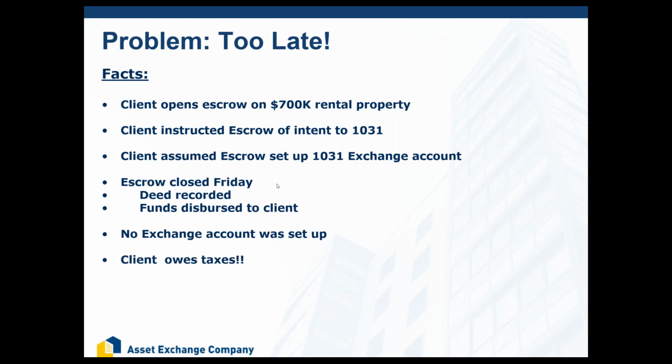Client owes taxes. If you plan on doing a 1031 exchange, you have to get an accommodator lined up prior to the close of escrow. The easiest way to do that, ladies and gentlemen, is to pick up the phone and give us a call. We will coordinate directly with your escrow company and get all the documents we need and prepare the account.